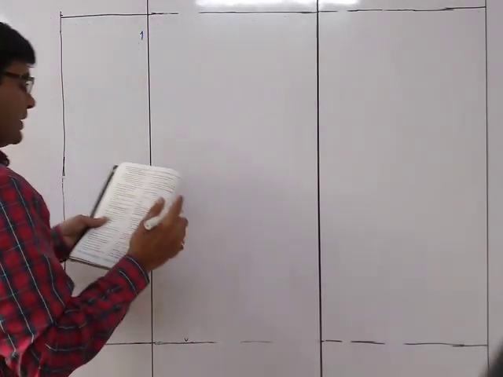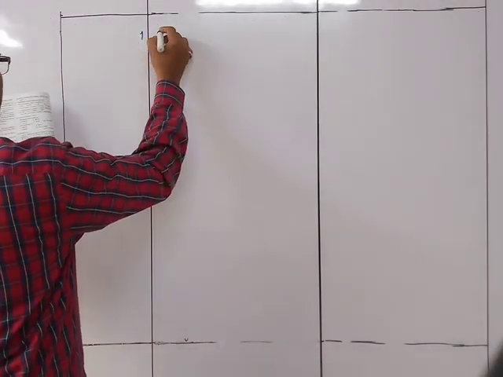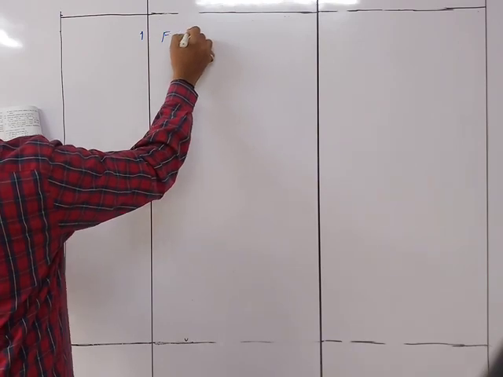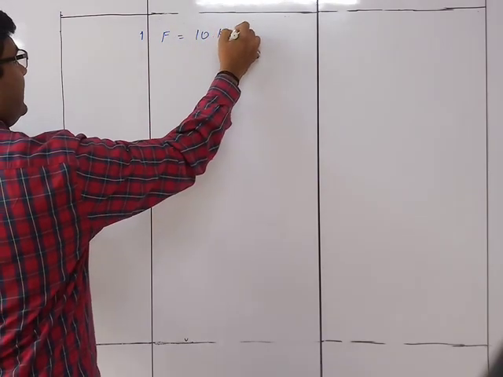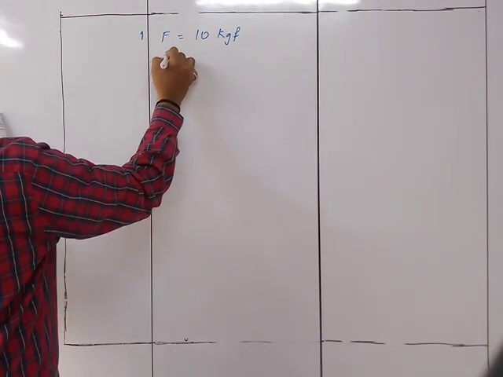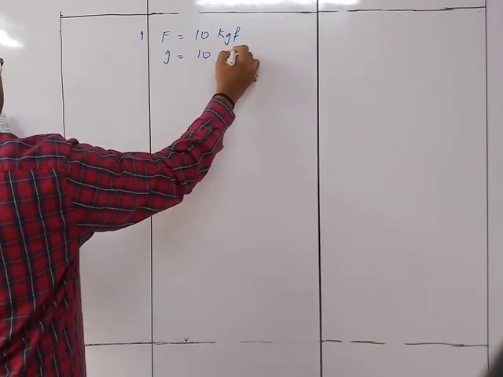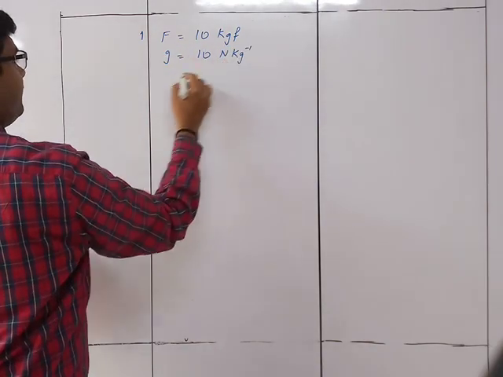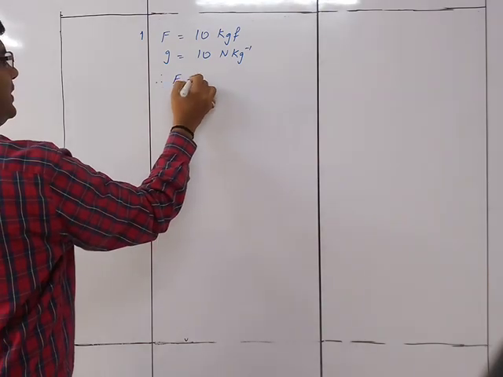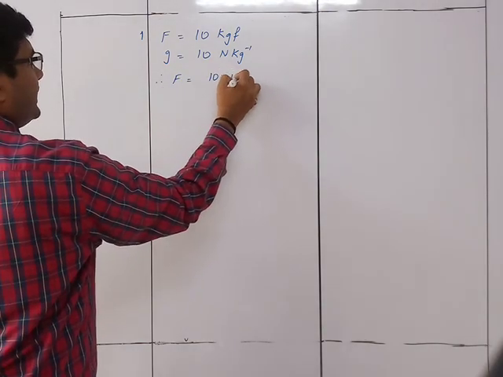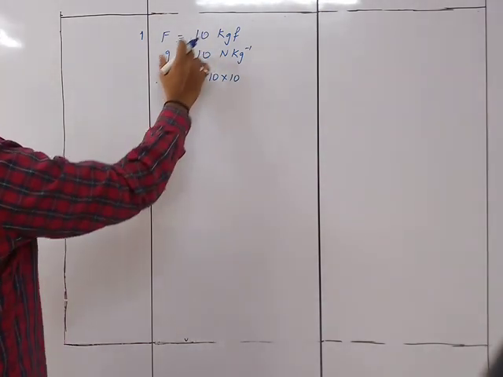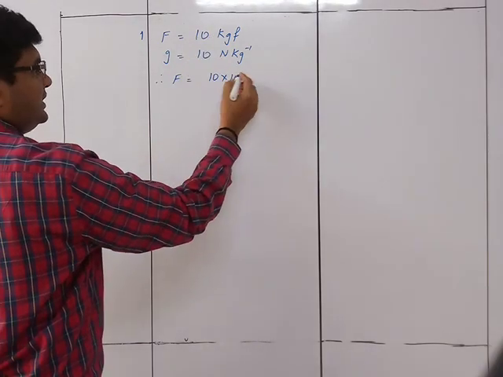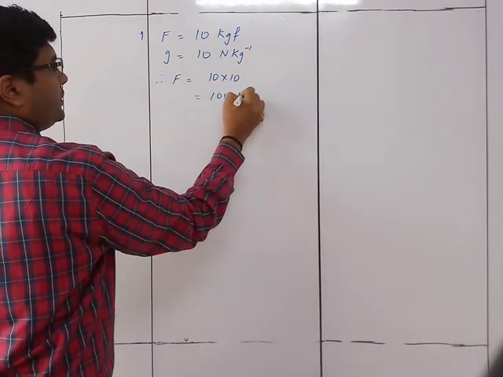So let's see one by one. The data given to me is F is equal to 10 kgf, and they have given that the value of g is 10 Newton per kg. Therefore, F will be equal to 10 into 10, because it is m into g, mass into g, which is 100 Newton.